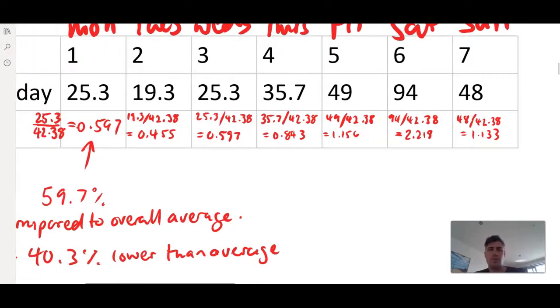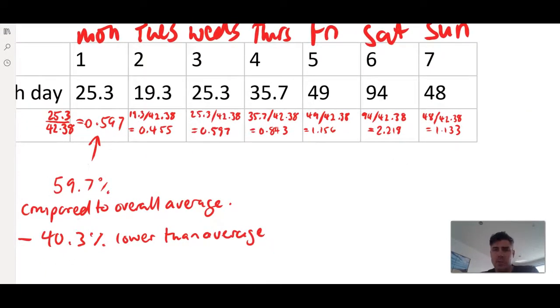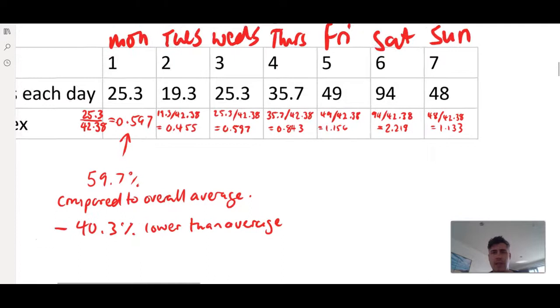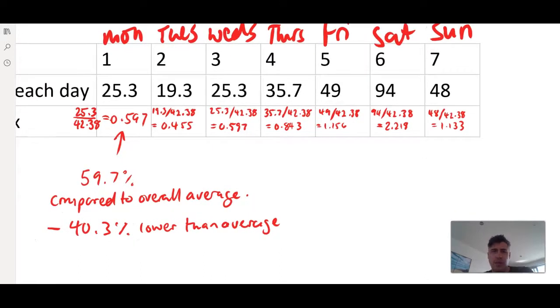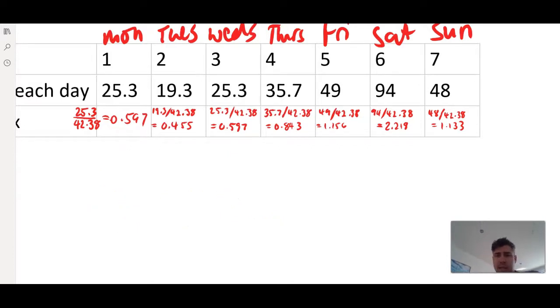Okay, so now we've got all the indices, we can see roughly how good each day is expected to be on average, and we'll be able to use this now to find out which the best day was for any of the weeks. So if we look at Saturday, we can see that Saturday is actually 222% of the average.